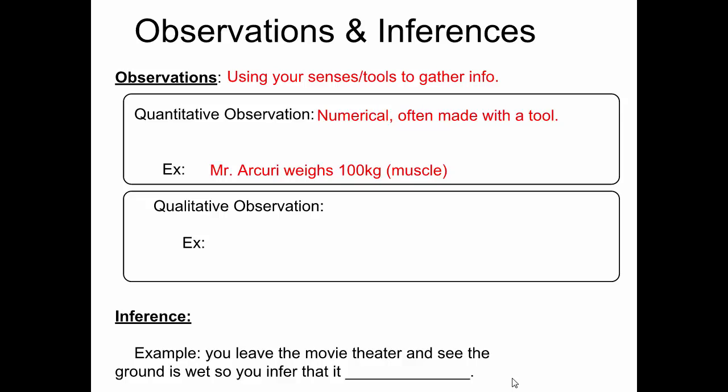If I say Mr. Arcuri weighs 100 kilograms, that's a quantitative observation. If I say not much of that is muscle, that is not a quantitative observation. That would be our next category. So a qualitative, what word do you see there? Jordan? Quality. Just a description. It's not numerical.